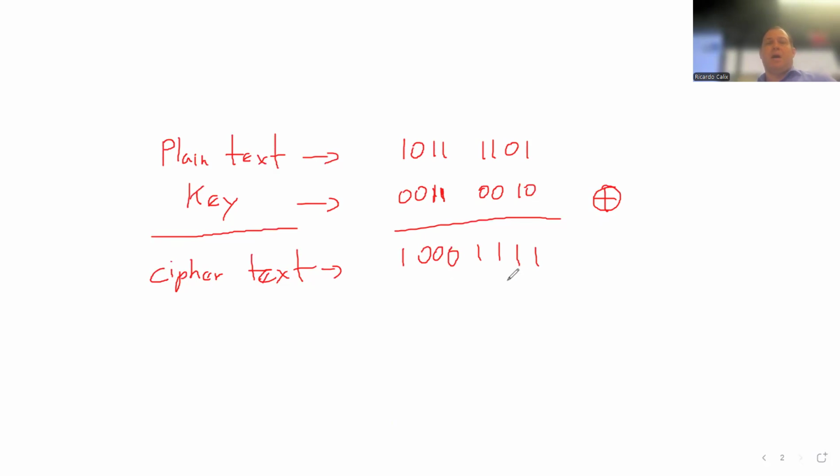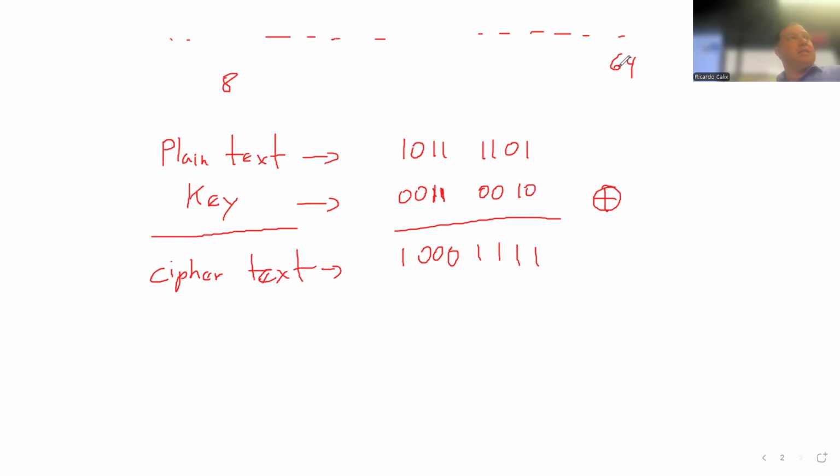Okay. Now, there's a few assumptions I made here. One of them is that I have a block size of 8 bits. That's going to be pretty important. So that's what I was saying before. Let's say we have a message that is longer than 8 bits, maybe like 64 bits, and we're using blocks of size 8.